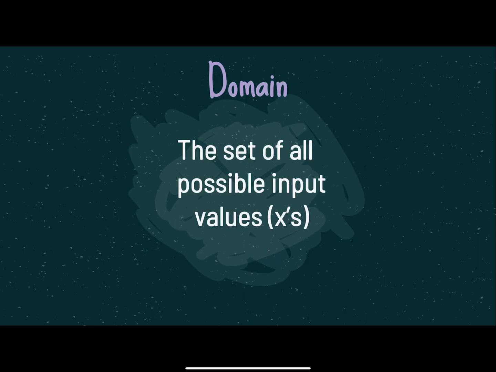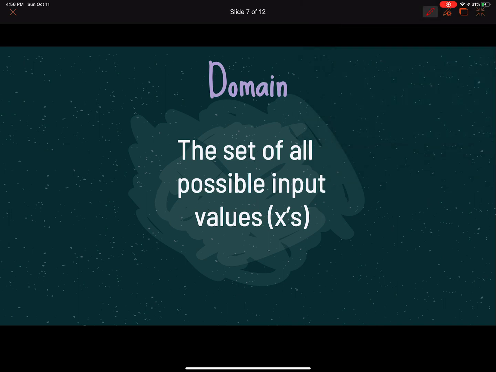Okay, before we go on to example 3, we are going to talk about a couple more vocabulary words. So the first one here that pops up is domain. And domain is the set of all possible input values, basically our x value.